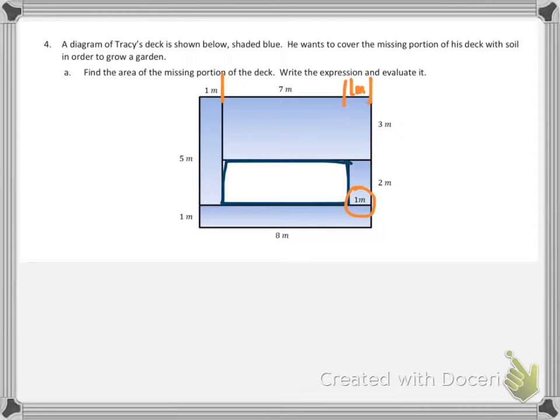And so if I take that away from the 7, that would mean that this would have to be 6 meters. And that would be this distance. So that's 6 meters. And then, the 2 meters is right here. So that's a 6 by 2, so 12 square meters. 12 square meters is the missing portion of the deck.